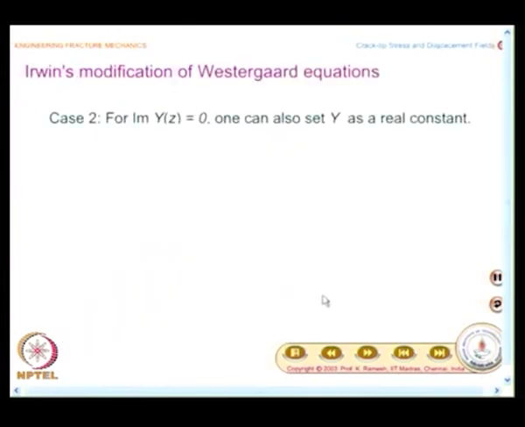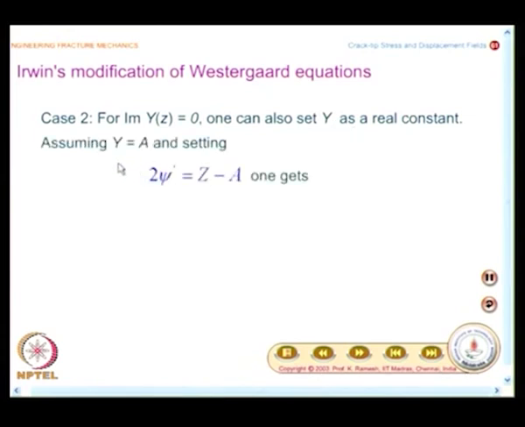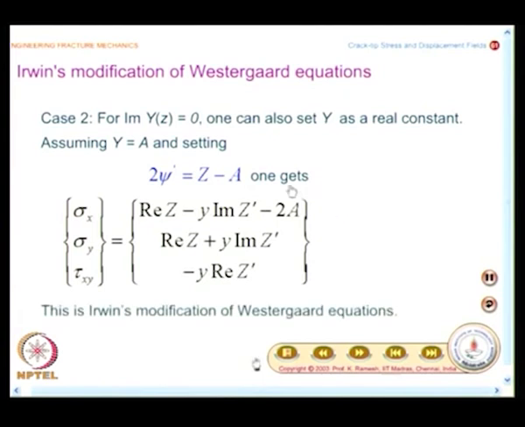On the other hand, in the Westergaard generalized formulation, if you set capital Y as a real constant, assuming capital Y equal to A and 2 xi prime equal to capital Z minus A, you get Irwin's modification of Westergaard equation.